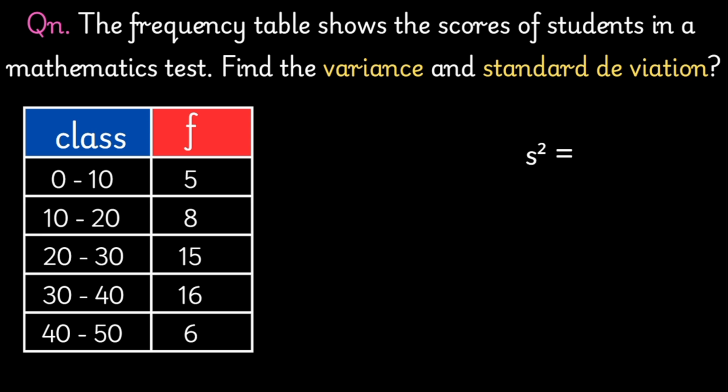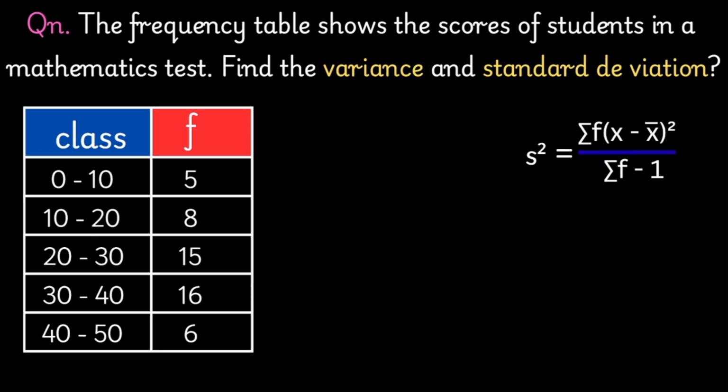Now then, the sample variance is given by the summation of f(x minus x bar) squared, divided by the summation of f minus 1. In this case, the summation sign means addition, f is the frequency, x is the midpoint of the class intervals, x bar is our mean, and the summation of f is the sum of the frequencies.